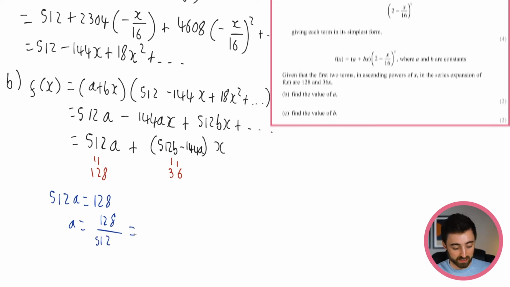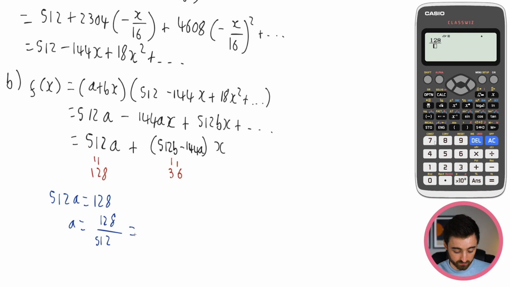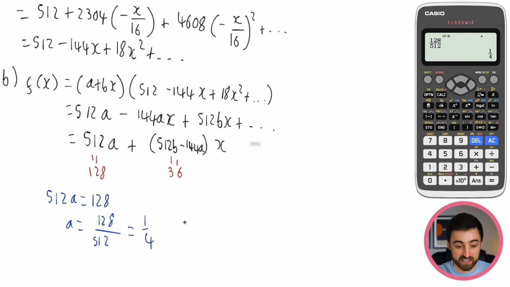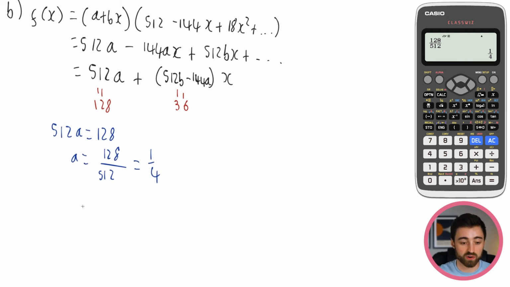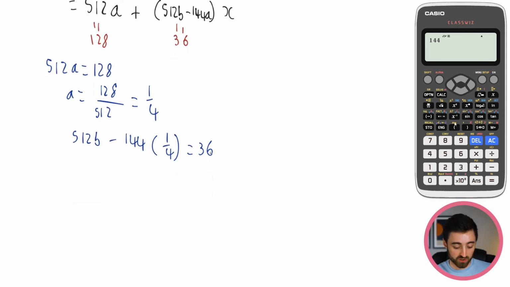I believe this is going to be a quarter, but let's just check. 1/4. And then let's sub this into the second equation here. So we know that 512b minus 144a, which we now know to be a quarter, is equal to 36. Okay, 144 times a quarter is 36. So I get 512b minus 36 equals 36.